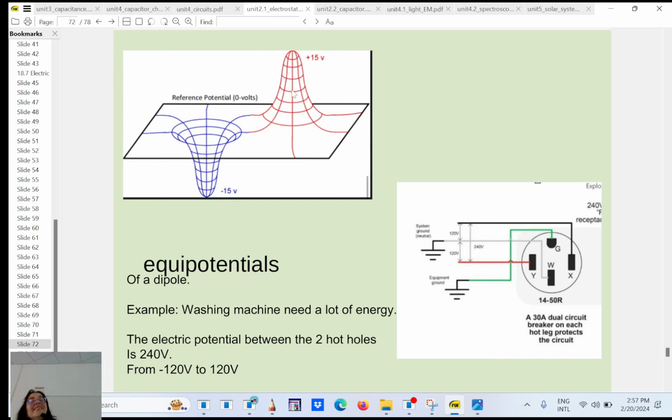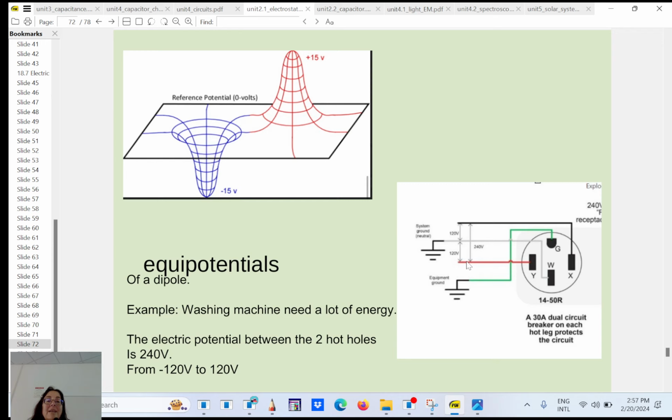So your 15 volt minus 15 volt, what's going to be the potential between the two points? 30 volt, very good. So you remember you have an outlet from the laundry machine, the washing machine, the microwave, the AC unit, and you have two hot lines.